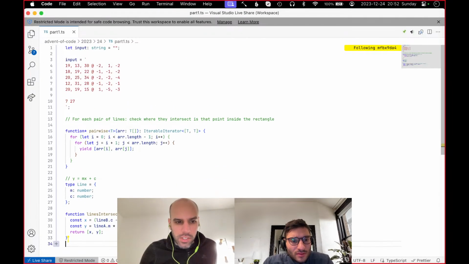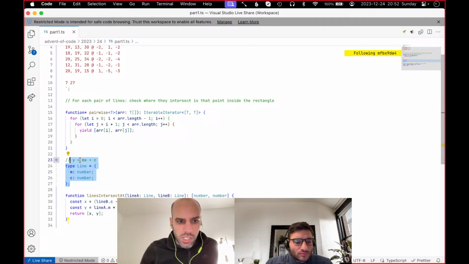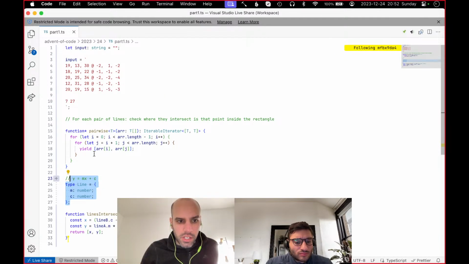But before we continue with this, are you sure that this representation is the best given the inputs of the problem? Because we have a dot and a direction, and then we would need to do some work to turn this into this representation, right? Definitely would. Can you think of another representation?